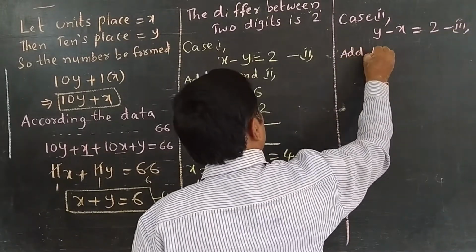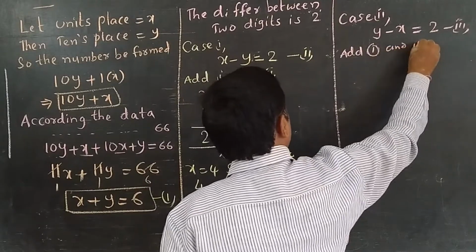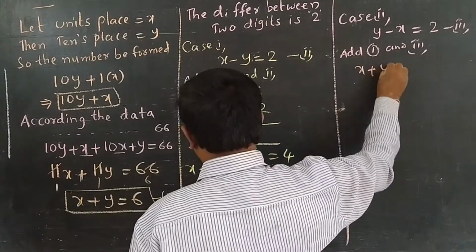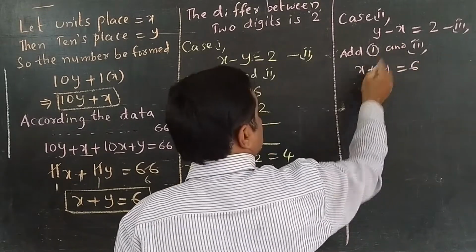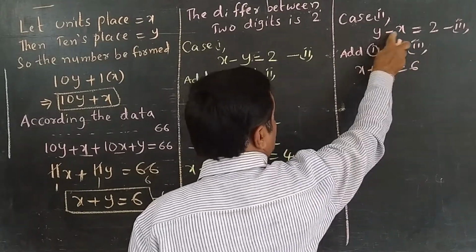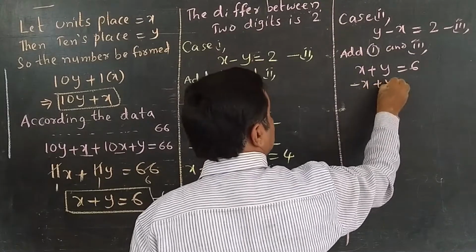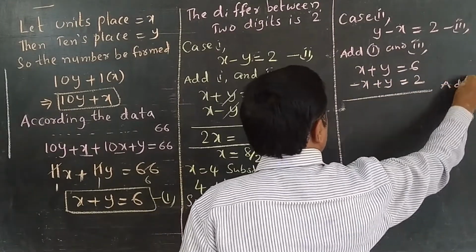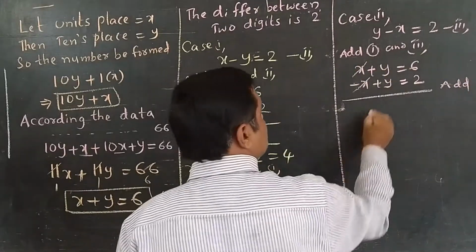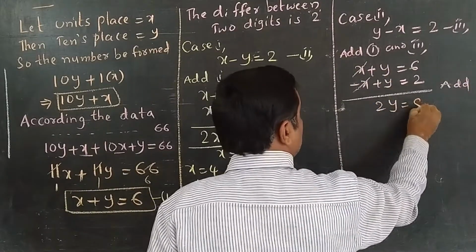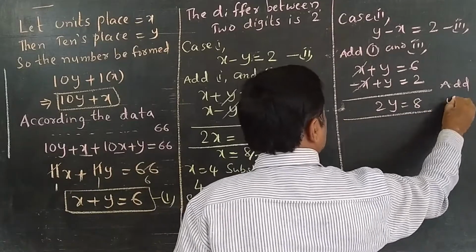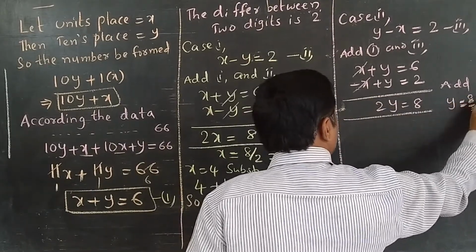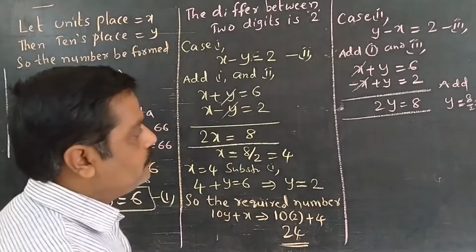Add first and third. Your first equation is x plus y is equal to 6. The third equation, writing it as minus x plus y is equal to 2. When I add these two equations, minus x plus x cancel, 2y is equal to 8, then y is equal to 8 by 2, that is 4.